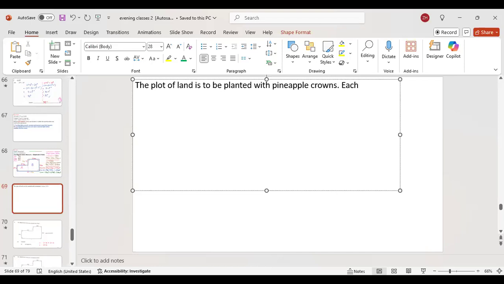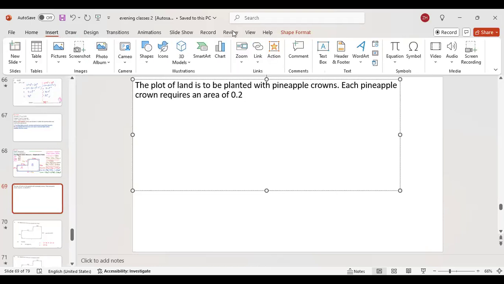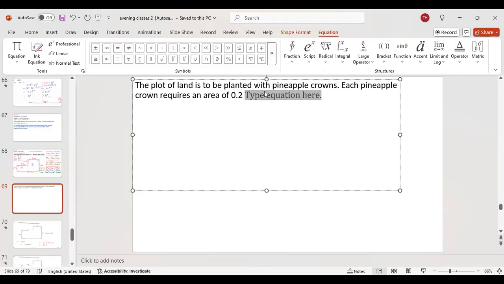Each pineapple crown requires an area of 0.2 meters squared.